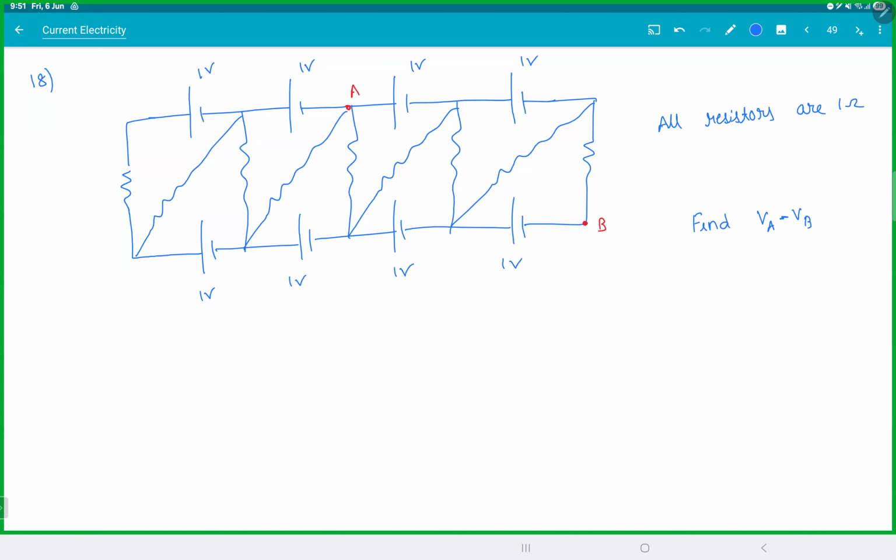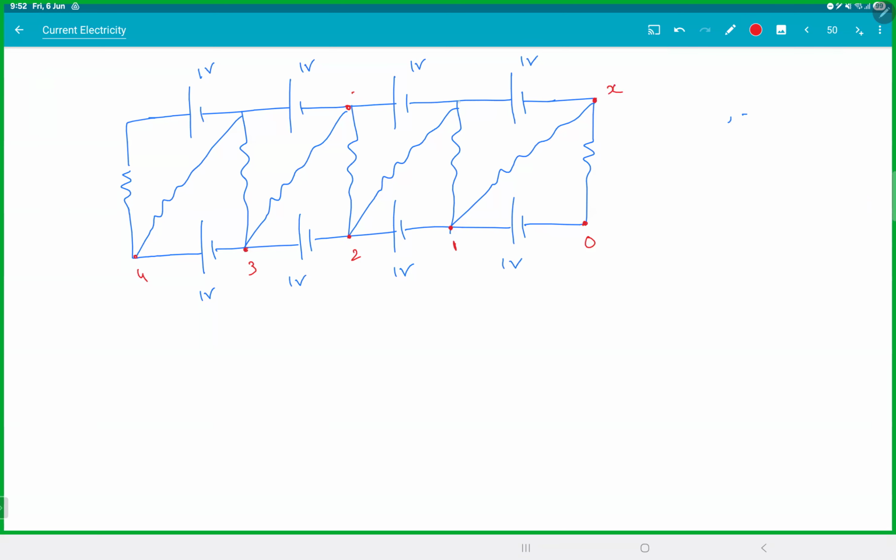Did you guys figure out the potentials? Did you name them? That you should have done. If I call this 0, this will be 1, 2, 3, 4.